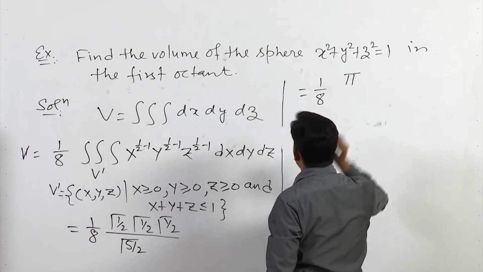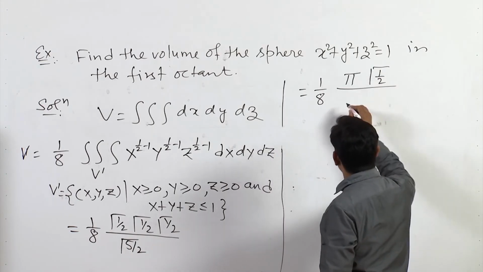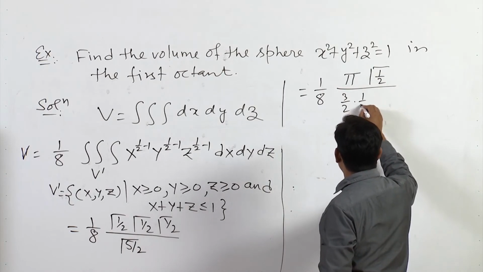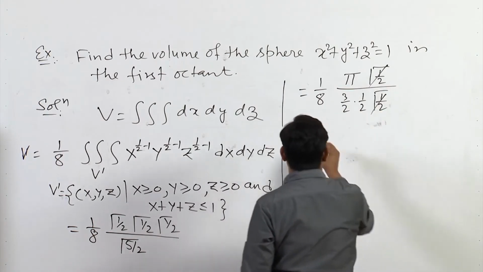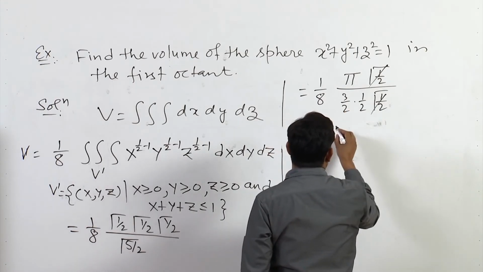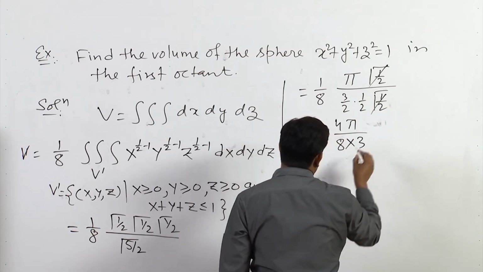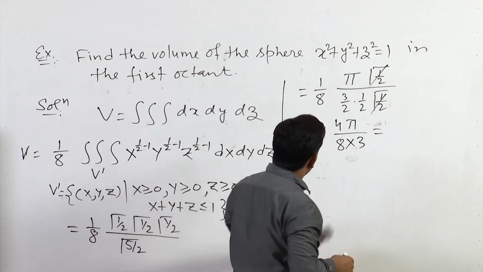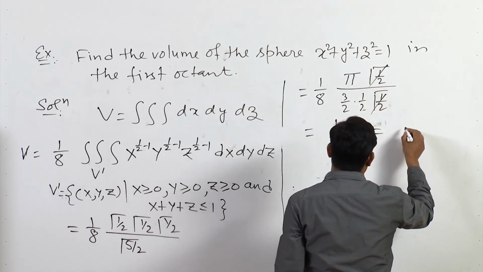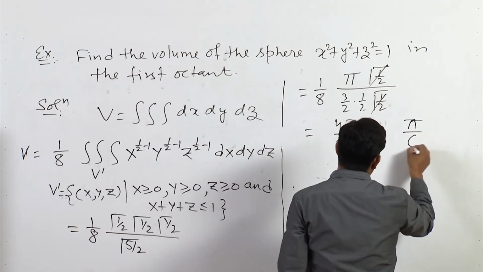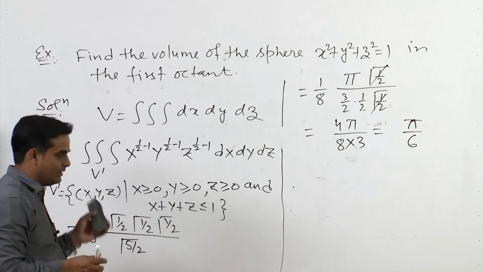Gamma half into gamma half will become pi, into gamma half upon 3 by 2 into 1 by 2 into gamma half. So, this will be cancelled out. So, this will become 4 pi by 8 into 3, because this 4 will go in the numerator. So, this will be pi upon 6. So, this is the solution of such an example.